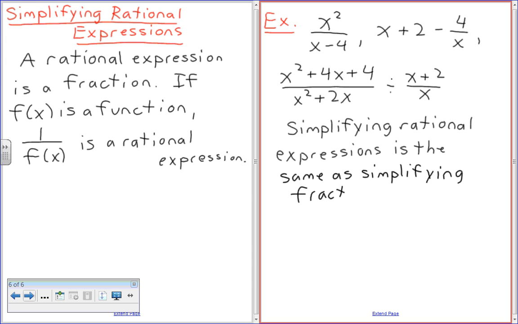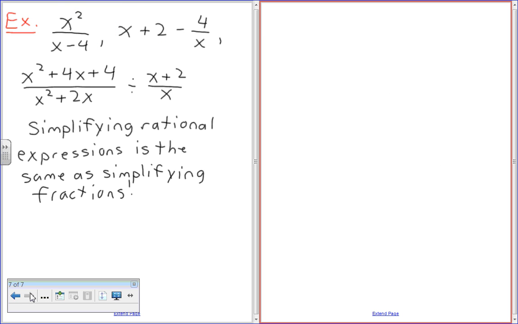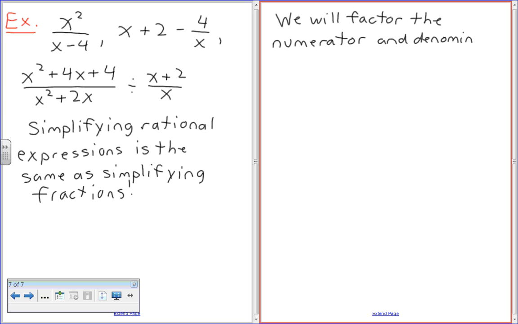We're going to factor the numerator and denominator, and cancel anything that's the same.